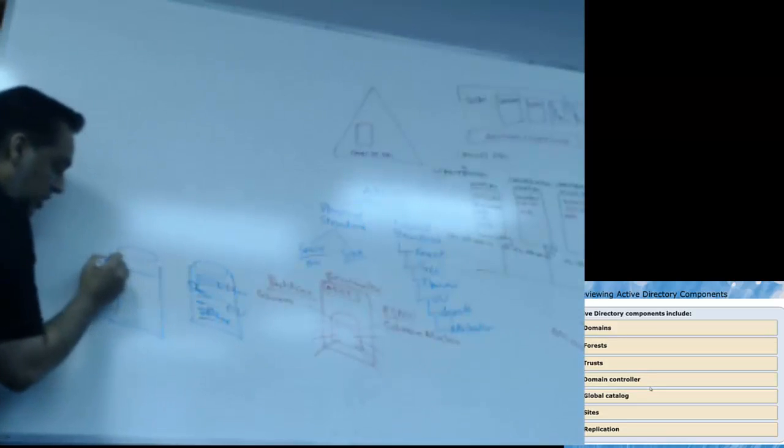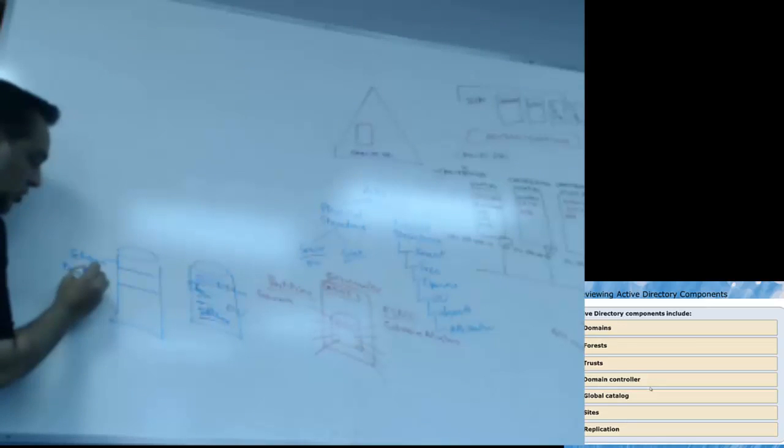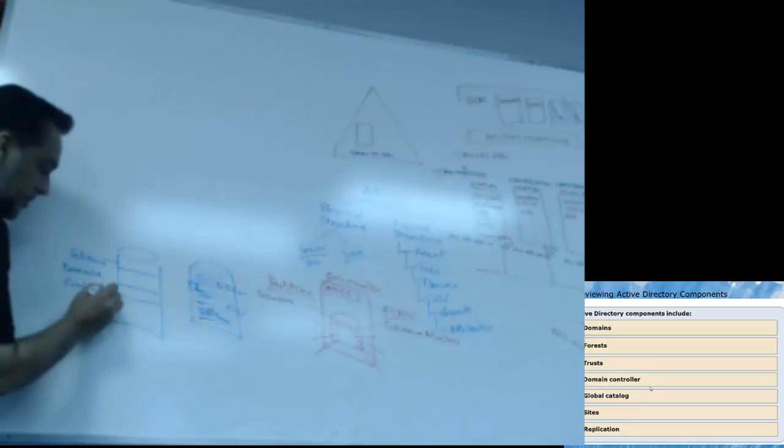This partition is only for schema data, this is for domain data, the domain naming partition, and this is only for configuration data. So configuration goes here, your domain objects go here, schema information goes here, and this one is only for applications.